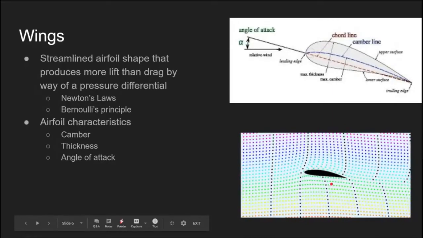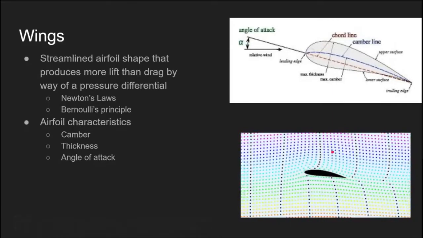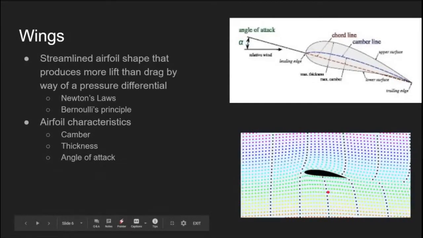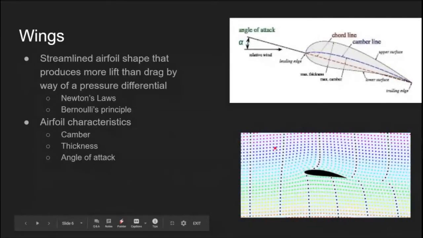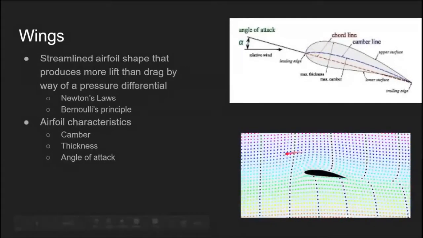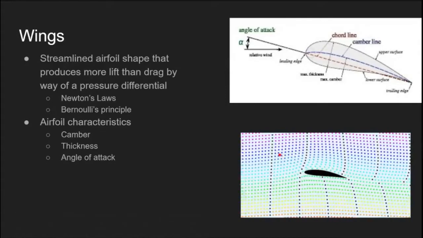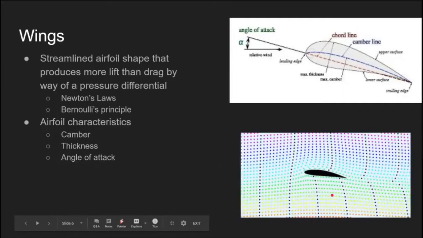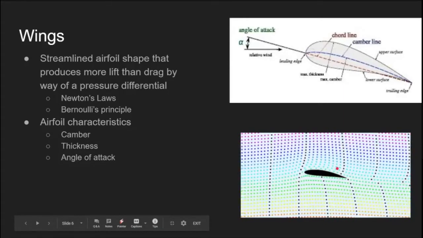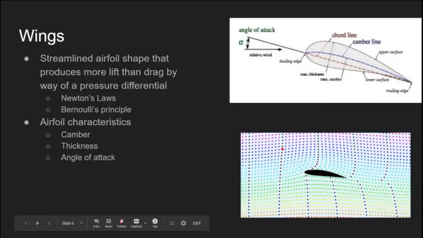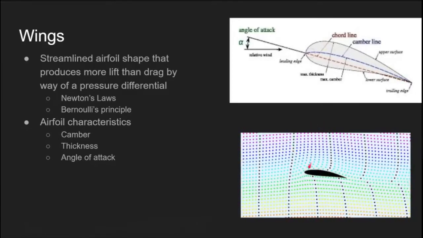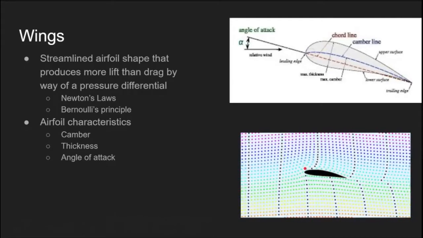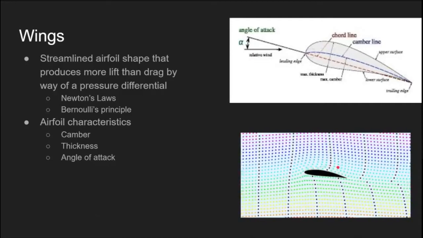So you can think of this in terms of a Venturi tube, where this is more of a constriction than the bottom here, and in turn this constriction causes the flow to accelerate and speed up versus the flow on the bottom. Remember, you're just looking at a certain control volume, and this contraction and not contraction is basically caused by the shape of the airfoil itself.